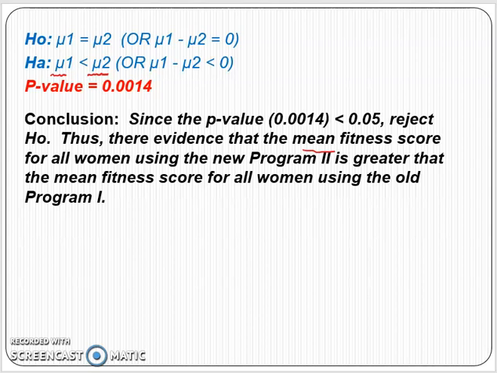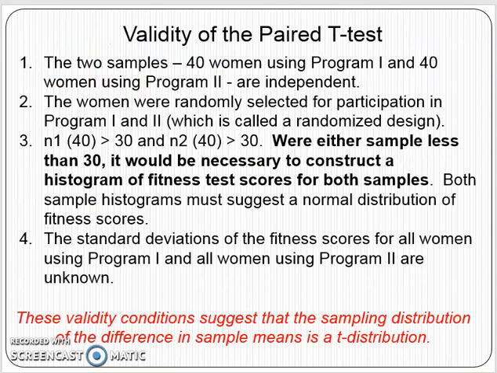So we can say that the mean fitness score for all women using the new program, 2 rather, is greater than the mean fitness score for all women using program 1. Let me see if I can say that again. The mean score for all women using program 2 is greater than the mean score for all women using program 1.